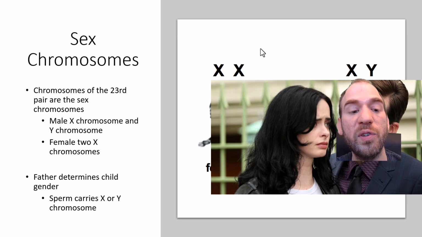The father determines the child's sex, since sperm carries an X or a Y chromosome. So again, kind of definitional here. It's important to note that the sperm determines the sex of the child, because the sperm carries either an X or a Y chromosome, while the ovum already has an X chromosome. So X plus whatever, X or Y, thus determining the sex of the child.